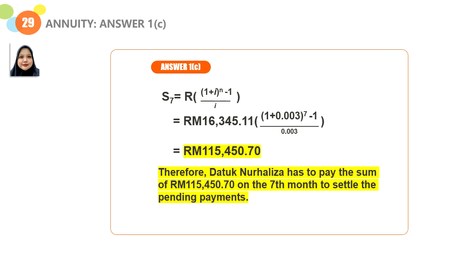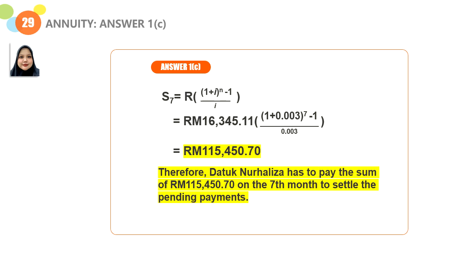Substituting these values into the future value of an annuity formula, we get S sub 7 equals 16,345 ringgit and 11 cents multiplied by the quantity open parenthesis 1 plus 0.003 close parenthesis raised to the power of 7 minus 1, all divided by 0.003.